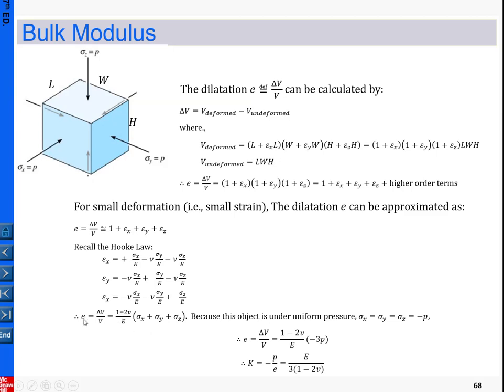This one basically relates to the dilatations, and also remember the stress in XYZ directions is simply the uniform pressure. So magnitude is P of the pressure, and put the minus sign indicating that it's compressive. So plugging everything in, E is equal to this one, then we rearrange and put into the definition of bulk modulus and basically it equals this.